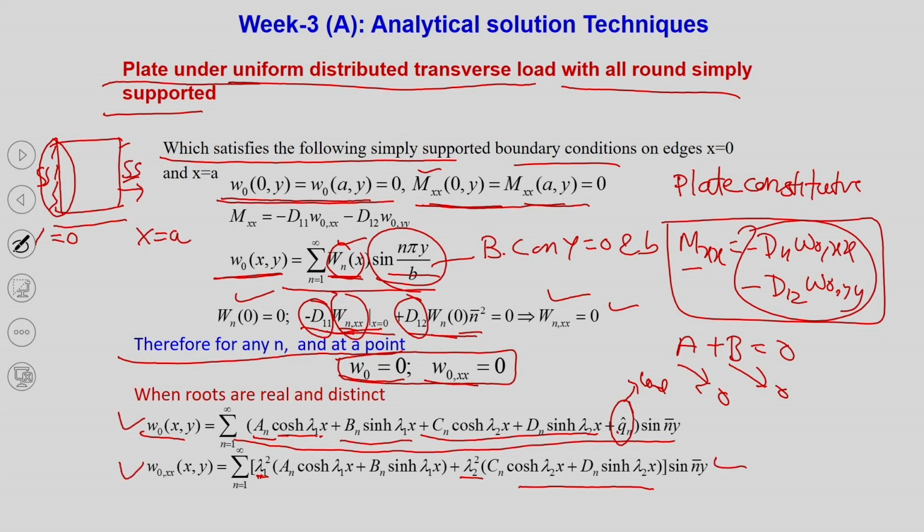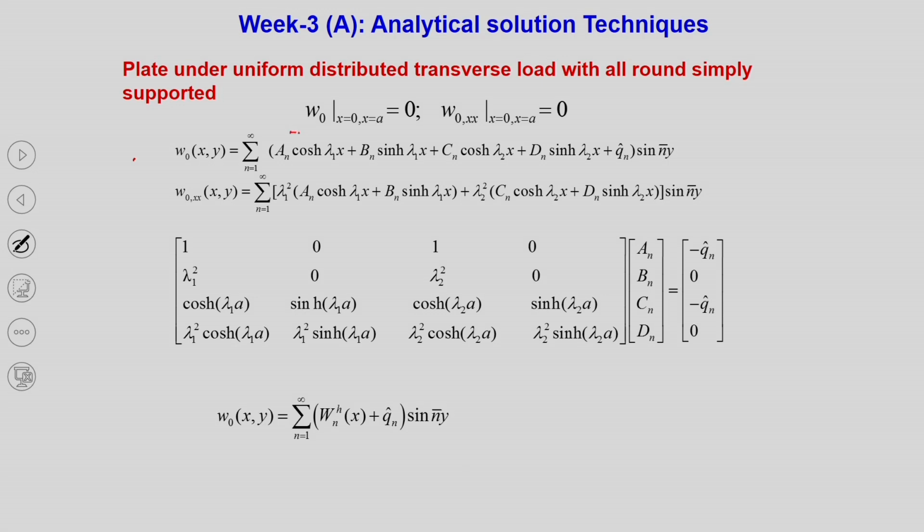Now what is the next step? Substitute x equal to 0. When you put x equal to 0 in the deflection, sinh is going to be 0, and cosh 0 will be 1, so only the An and Cn contributions remain and the others will be 0.